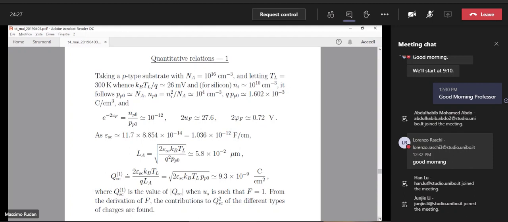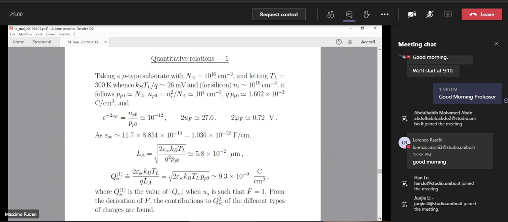Okay, so let's have a look at some numbers. You remember that in the theory of the capacitor, we have the ratio between the equilibrium minority carrier concentration NP0 and the equilibrium majority carrier concentration PP0.